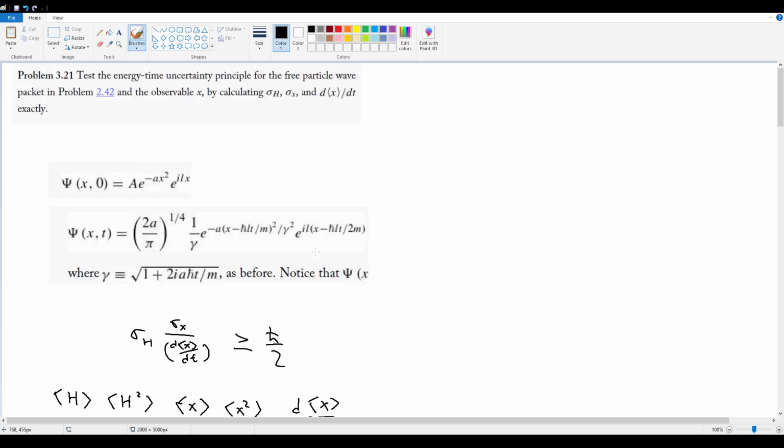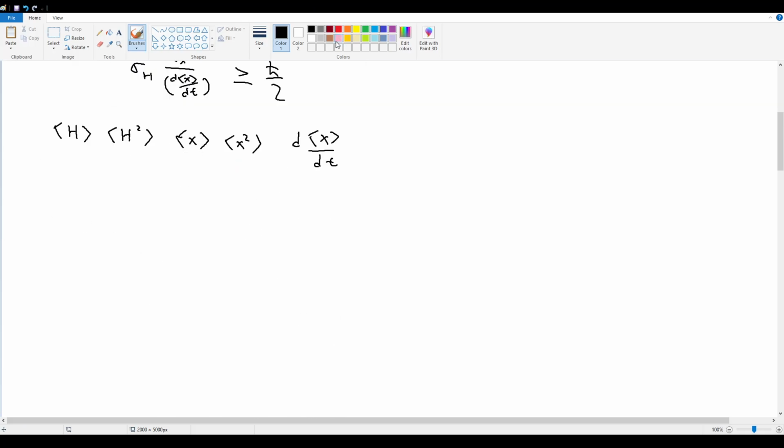Now, this one has also been partially done for us, right? Because in problem 2.42, one of the things that we did was we found the expectation value of x, which was equal to h bar l t divided by m. We found the expectation value of x squared, which was equal to (m squared plus 4 h bar squared a squared t squared) all divided by 4 m squared a, plus h bar squared l squared t squared divided by m squared.